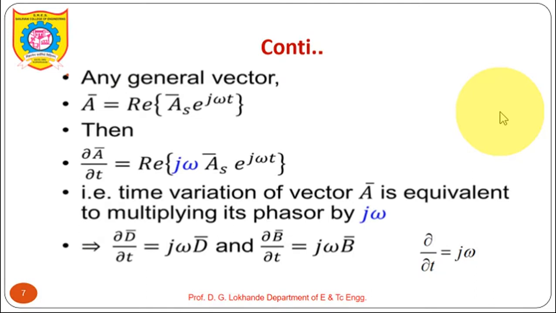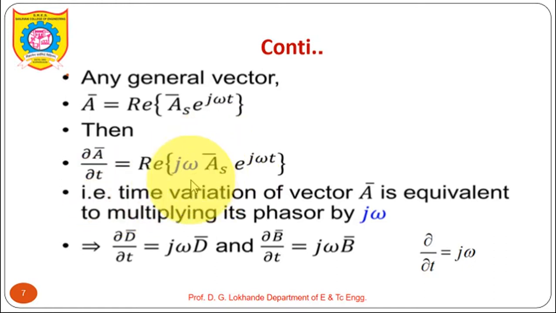Now in general we write the vector A as the real part of A_s times the complex term e raised to j omega t. If we differentiate with respect to time, we get the time variation of the vector A, which is equivalent to multiplying the phasor component by j omega.